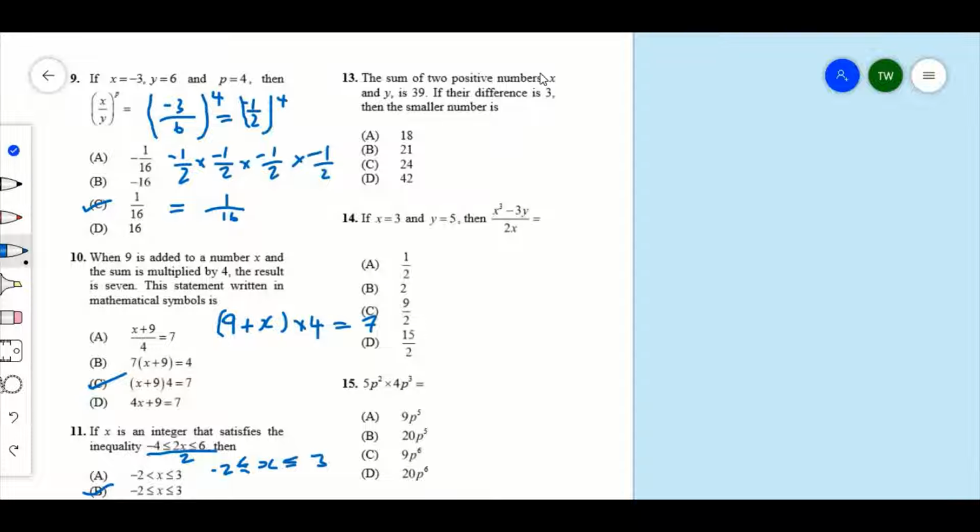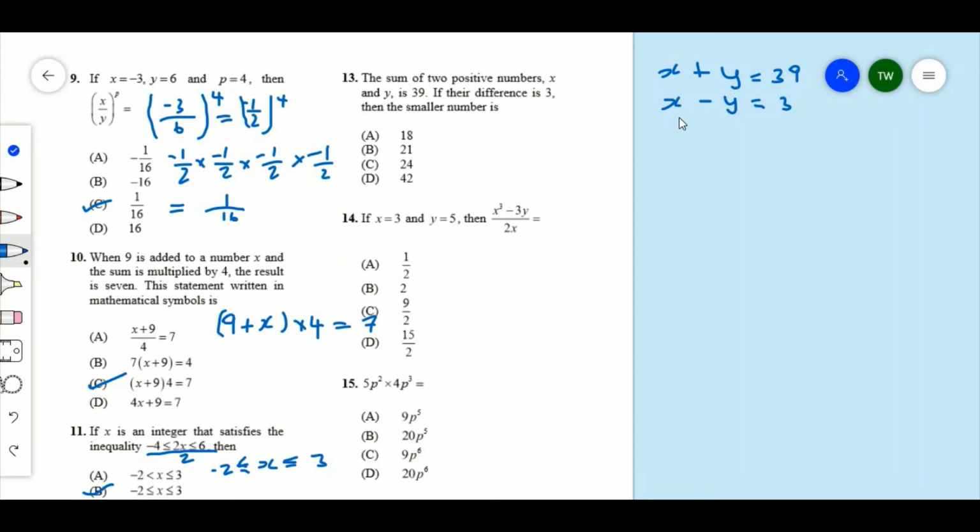So they told us that the sum of x and y is 39, so equation 1 is going to be x plus y is equal to 39, and for equation 2, they say that if their difference is 3, that means x minus y is going to equal 3, right?